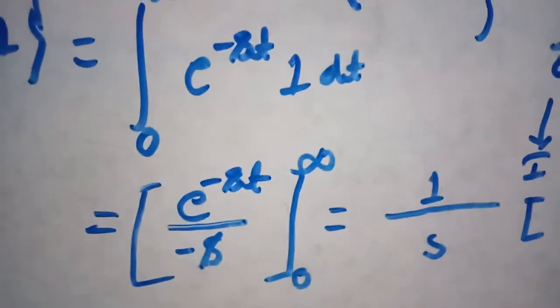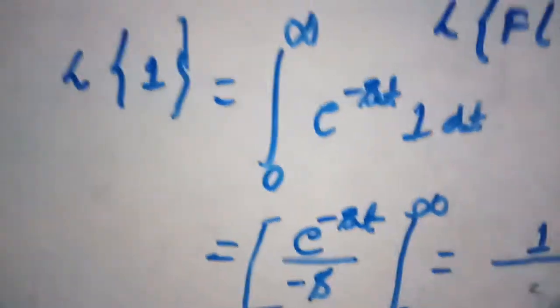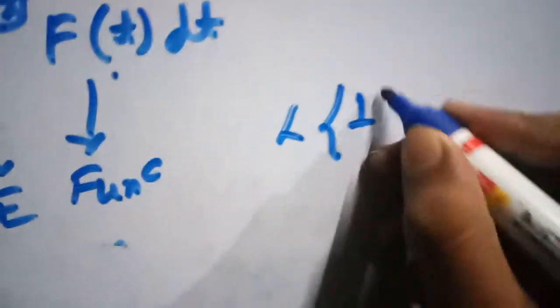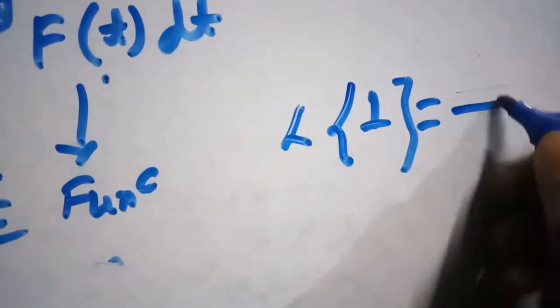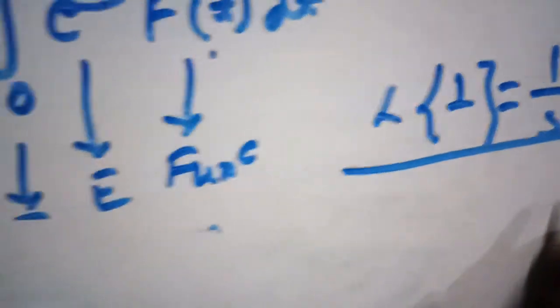And now I will teach you how to derive the Laplace transformation without using these limits, just by the first formula, that is, Laplace of 1 is equal to 1 by s. We just use this formula.